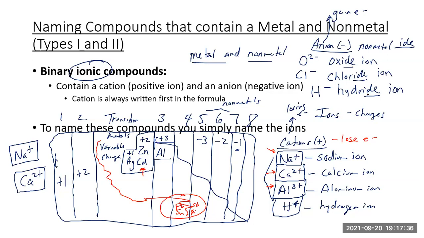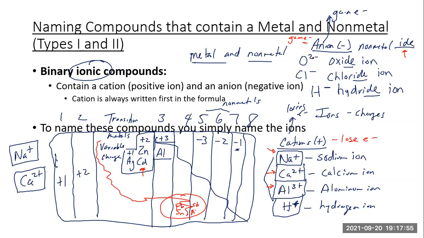It really is only the non-metals, which make our anions over here as a result of gaining electrons, that we do a little different thing for. We do IDE at the end of the name. We remove the last part of the non-metal name and put the IDE there.